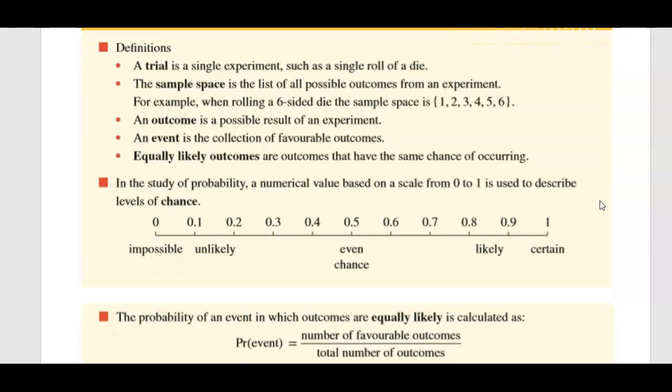Now, in probability, we always measure it from 0 to 1. You're never going to have a probability below 0 or above 1. You can see on this scale here, 0 means it's impossible. Think about what things have a 0 chance of happening today. Me flying to China today is impossible.